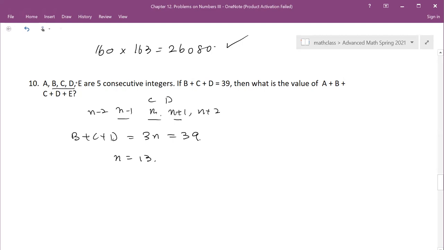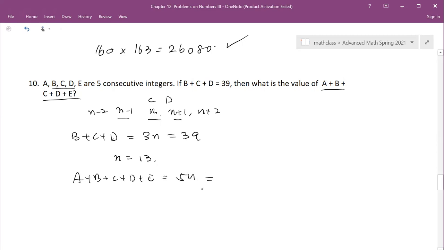Because you have 5 consecutive integers, the one in the middle, you write as n. Then the sum of the 5 is just 5n. So A plus B plus C plus D plus E is just 5n.